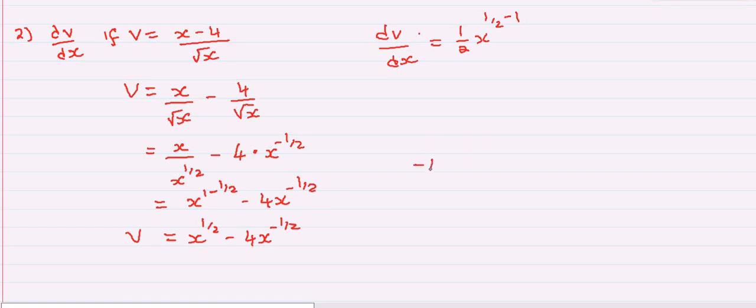For negative 4 x exponent negative 1 over 2, we multiply negative 1 over 2 with negative 4, it becomes 2x, then we subtract 1 from the exponent, negative 1 over 2 minus 1, which becomes negative 3 over 2. So this is plus 2 x exponent negative 3 over 2.